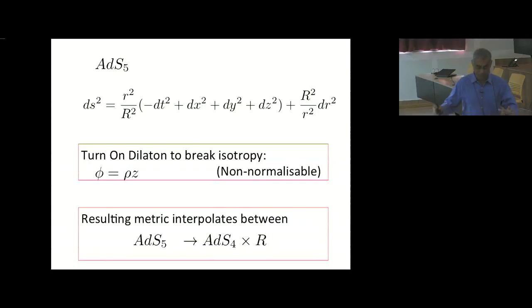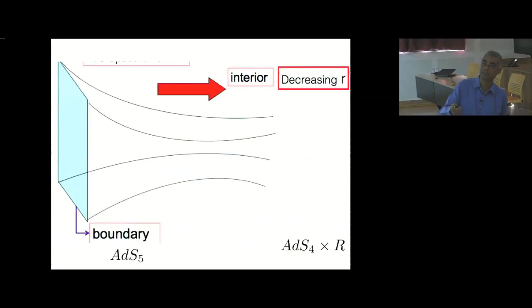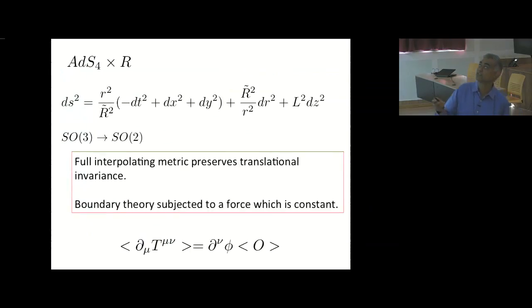And the resulting geometry now is the following. Asymptotically, very far away, the effect of this scalar field dies out and you get AdS5 again. But as you go in towards the horizon, the geometry departs and in fact becomes AdS4 cross R. So here we are asymptotically AdS5, going in, it becomes AdS4 cross R. The extra stress energy that the dilaton gives prevents one of the directions, the z direction, from contracting.